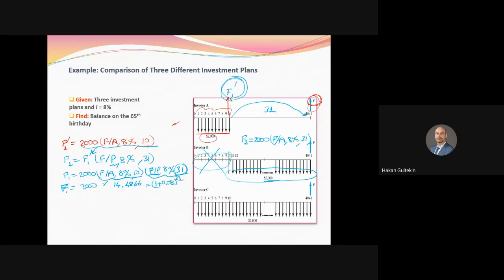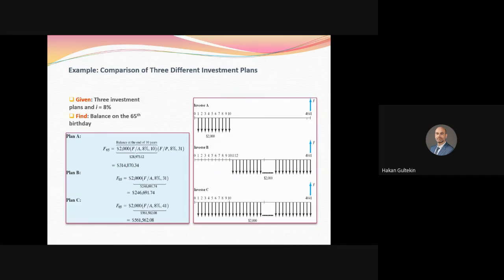And for the last one, I already wrote it. This F3 will be equal to 2000 that continues for 41 years. Okay? And when you do these calculations, look, the first one appears to be this much. The second one appears to be this much, and the third one appears to be this much.